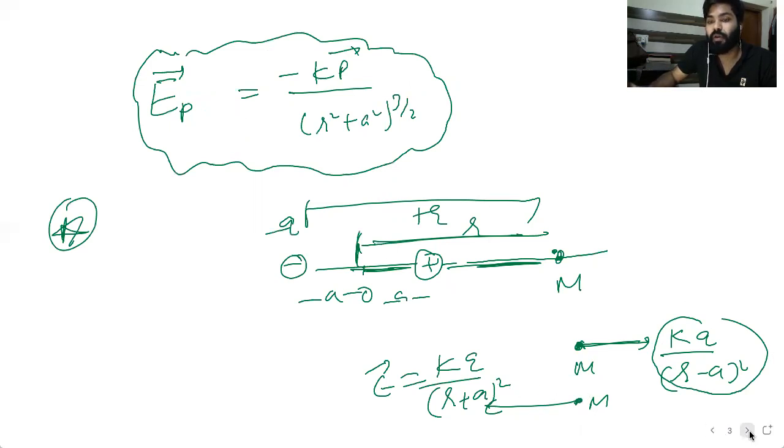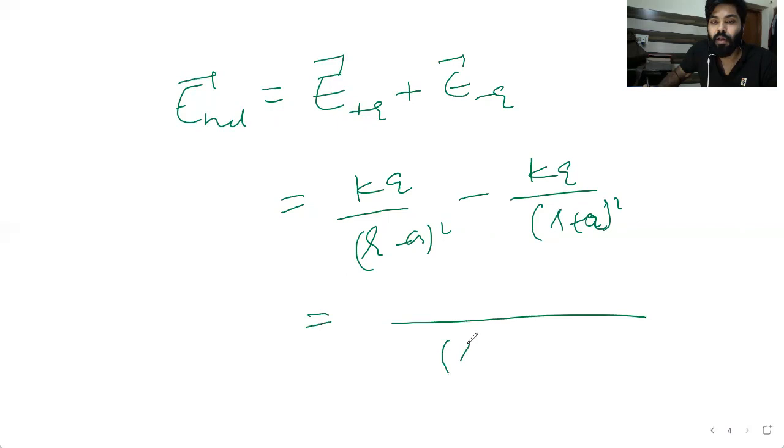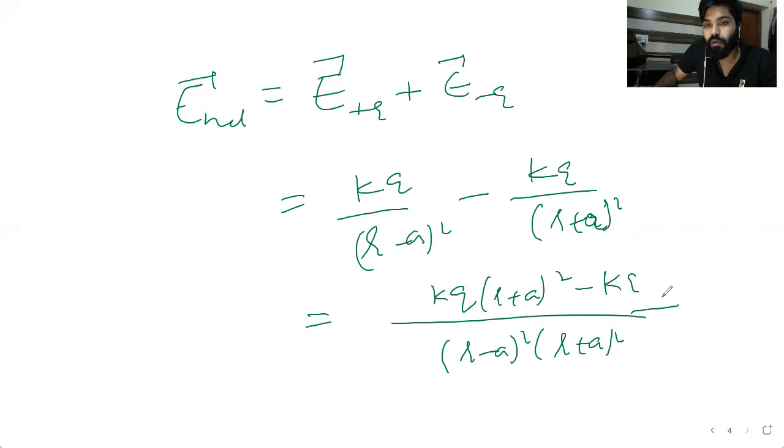So we put a negative sign: kq over r plus a whole square. When you take the LCM, you will have r minus a whole square and r plus a whole square, and cross multiplying: kq times r plus a whole square minus kq times r minus a whole square.